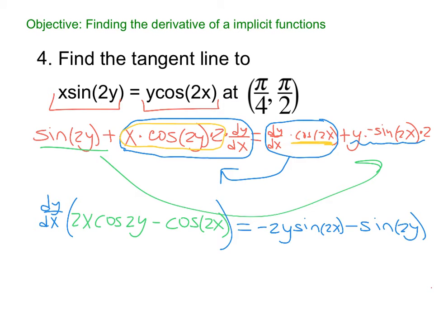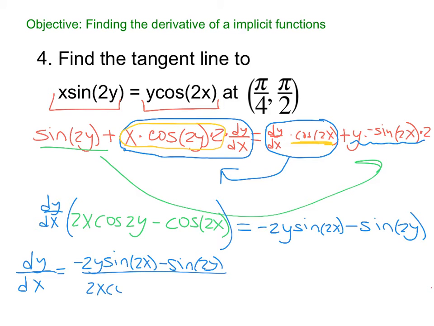I just think it's easier for me personally to just draw arrows and highlight and things like that. All right, so final answer. Oh no, this is not the final answer. This is just my derivative: (2x cosine of 2y minus cosine of 2x).